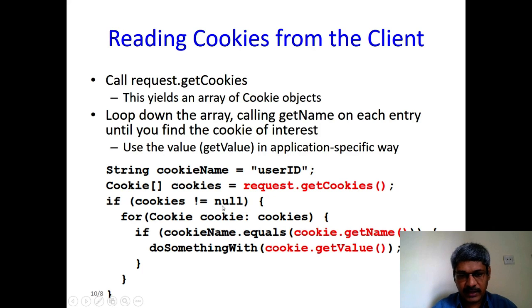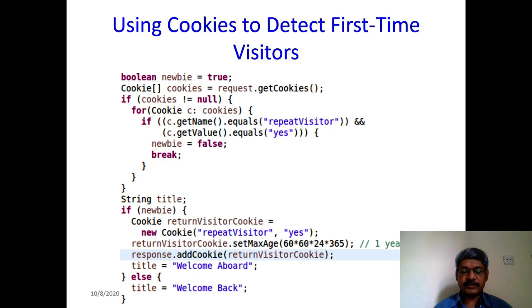If it is not equal to null, we go through all the cookies using a for loop, get each name, and try to match it with userID. If it is userID, we get its value, whatever the user ID is, and we can do whatever we want with it. So this is how cookies basically work.